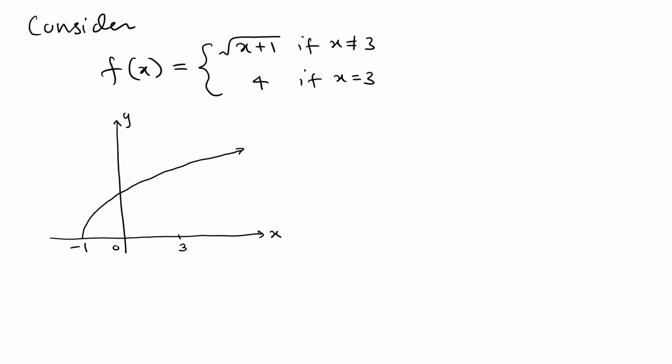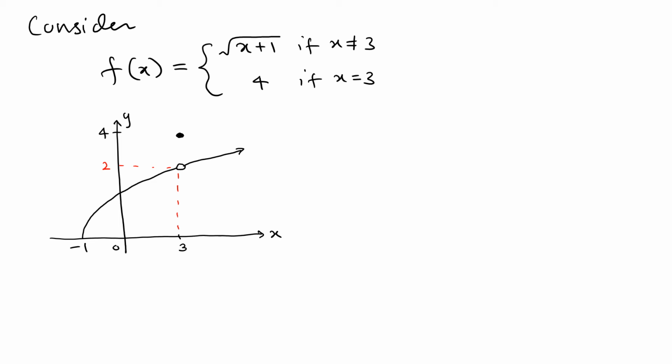The function looks like this, and at 3 the value is 2. So that's the value 2. Close to the value 3, the function gets close to 2.